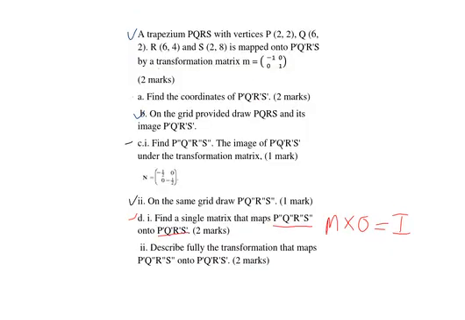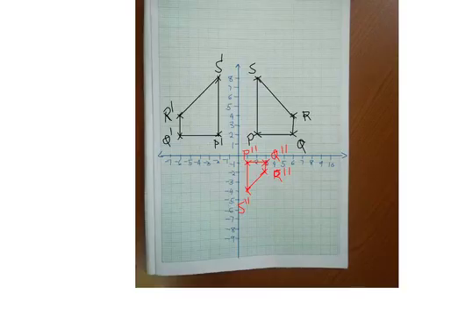Lastly, we are told to describe fully the transformation that maps P double prime, Q double prime, R double prime, and S double prime onto P prime, Q prime, R prime, and S prime. So if we compare these two, we have the double primes, which are being mapped onto the primes.